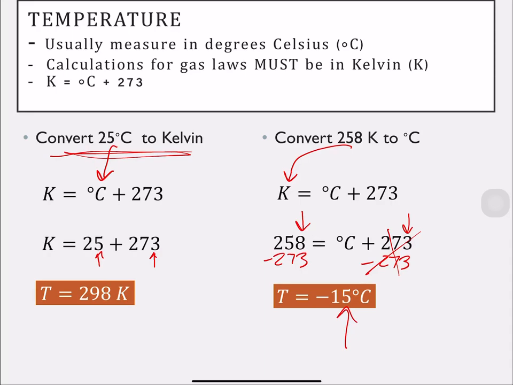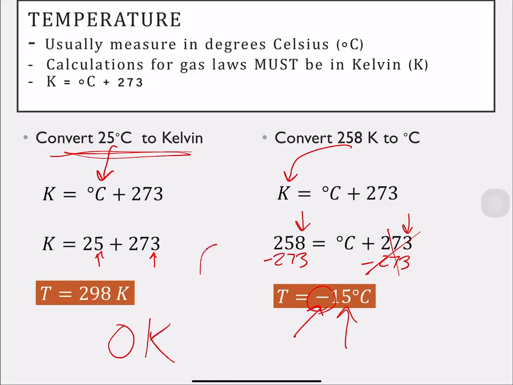The reason why we can't use degrees Celsius in equations is that you can have negative values for degrees Celsius, and so you can't have that. For Kelvin, there is no such thing as negative. At 0 Kelvin, that's the coldest there is.